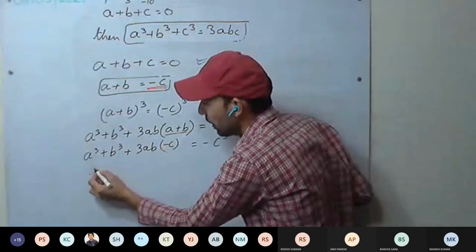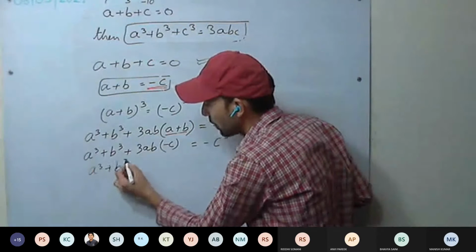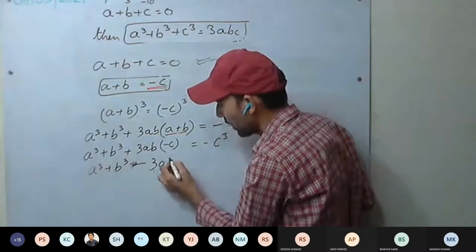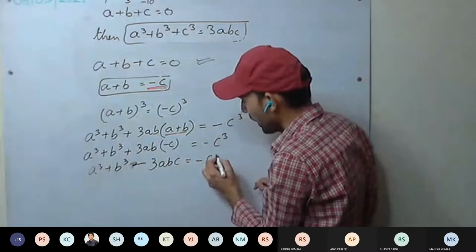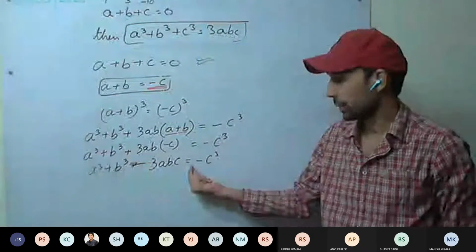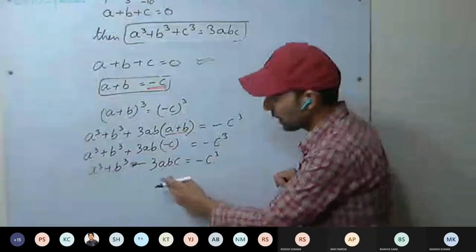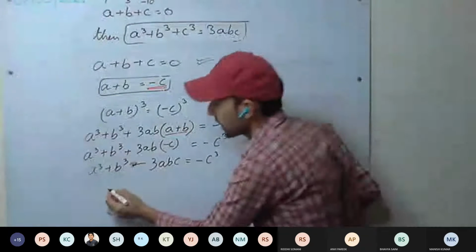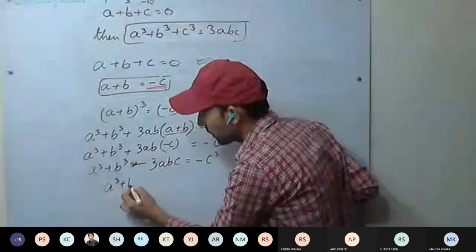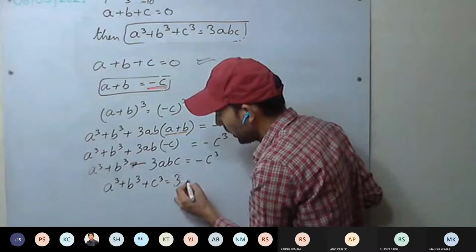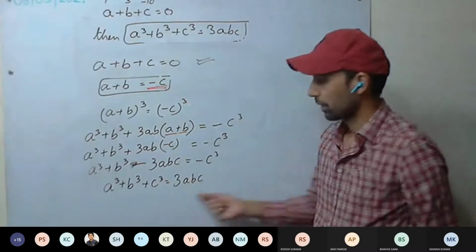So it will be a cube plus b cube plus, it will be minus 3abc minus c cube. Now we only have to rearrange them. Minus c cube take on the left hand side, minus 3abc take on the right hand side. a cube plus b cube plus c cube equal to 3abc.